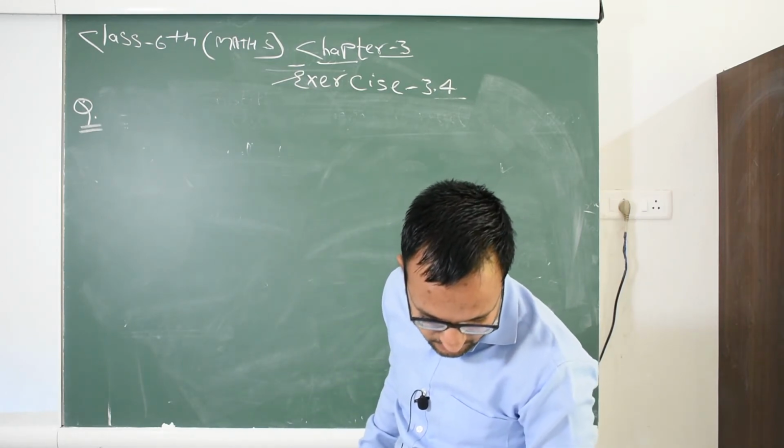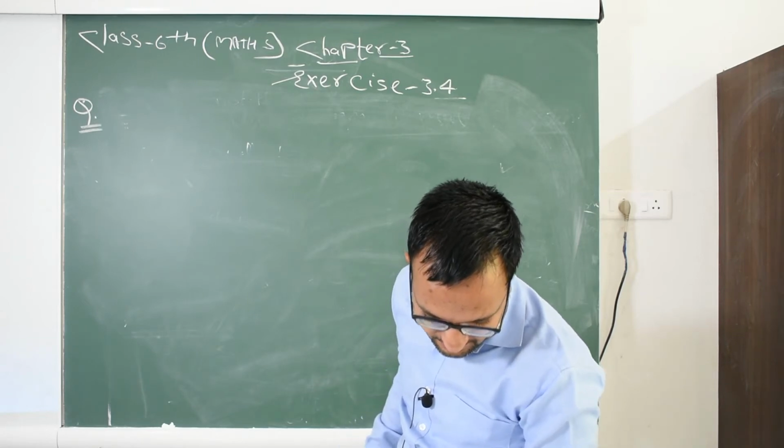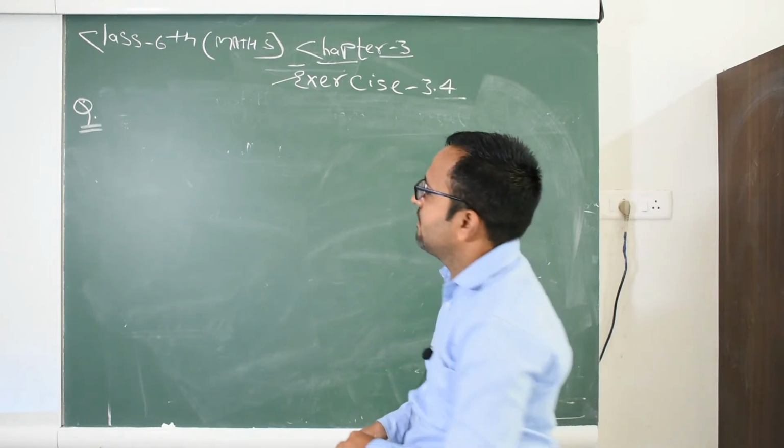Question number 4. Write all the numbers less than 100 which are common multiples of 3 and 4.